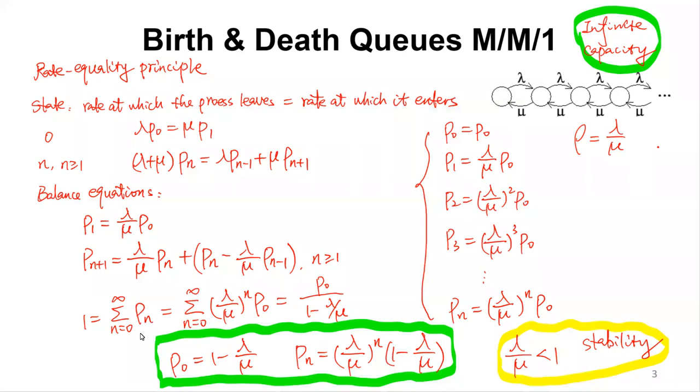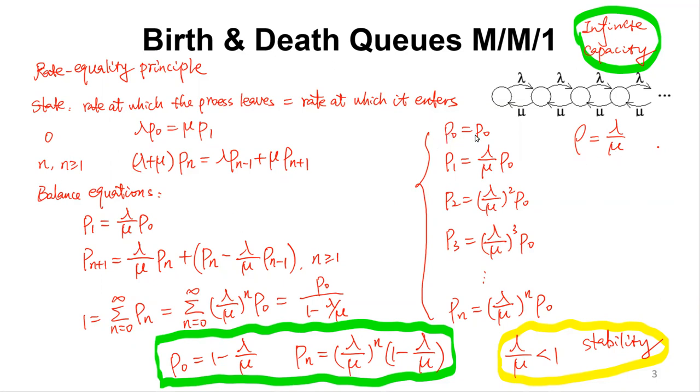Now, we know if we add all the pn together from 0 to infinity, this equals 1. Let's make rho equal to lambda over mu. This is the birth-death ratio.